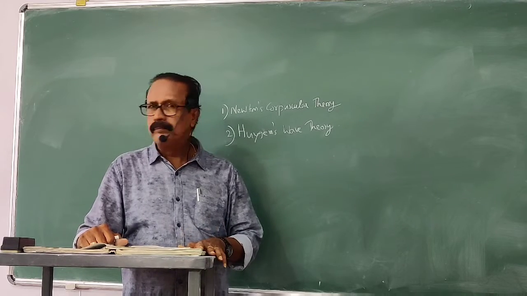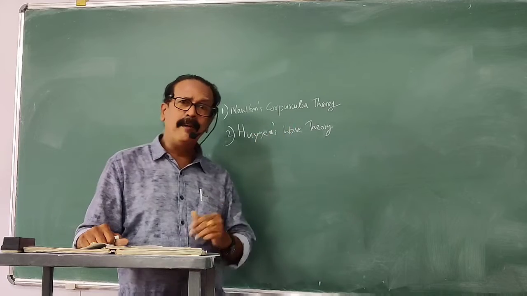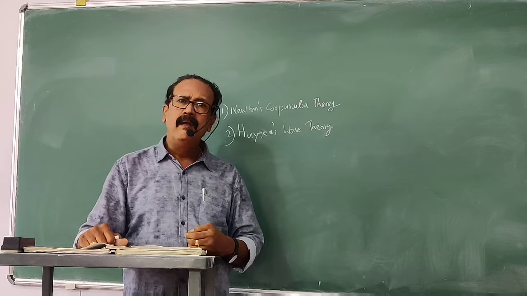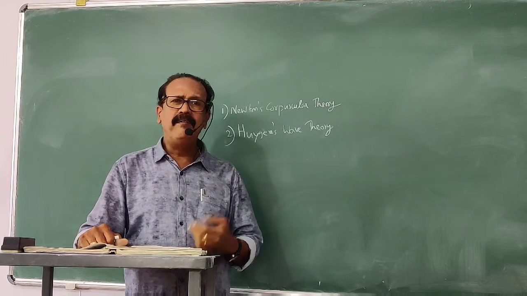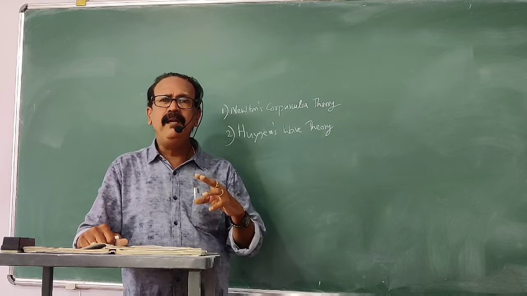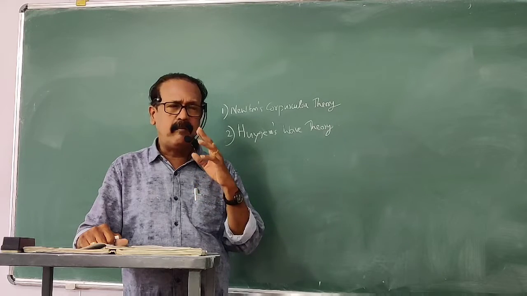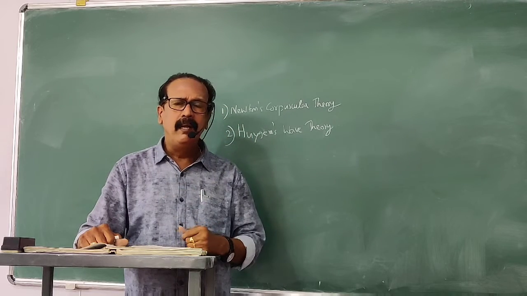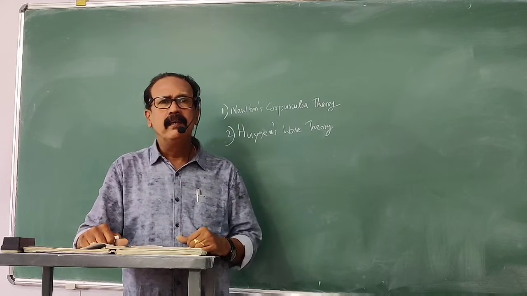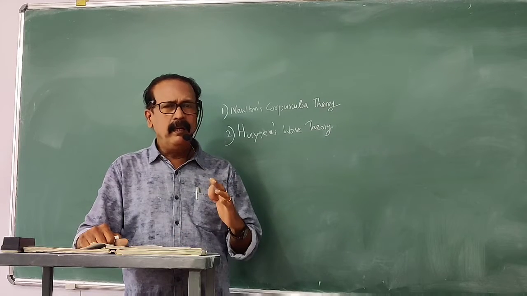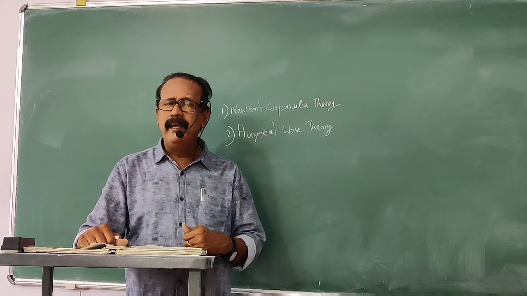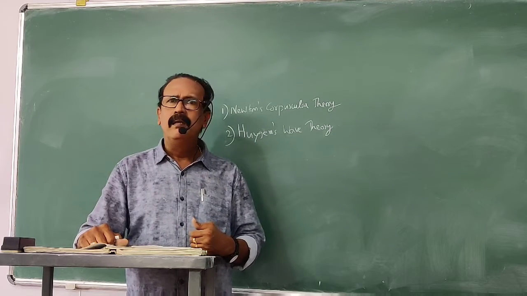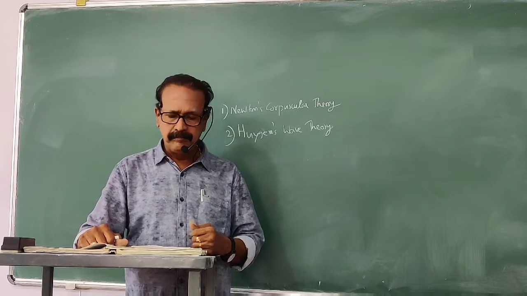Newton's ray optics is otherwise called geometrical optics. The other one is wave optics. Wave theory is the explanation method for the whole properties of light under this category. Now, we are learning only ray optics, and wave optics will be studied only in your higher classes like 12th standard, not now.